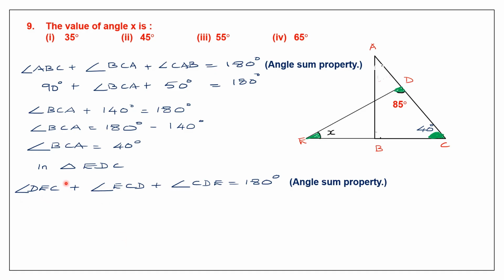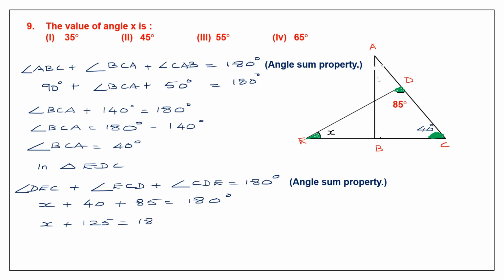Now let's substitute. DEC is x. So this is x plus ECD, that means 40 degrees, plus CDE, which is 85 degrees. All this should add up to 180 degrees. So x plus 40 plus 85 is 125.